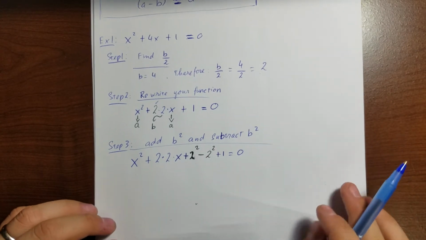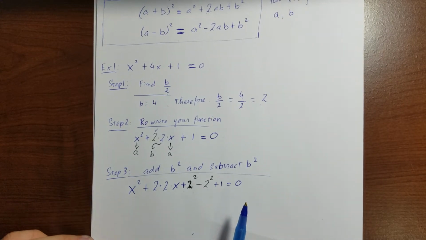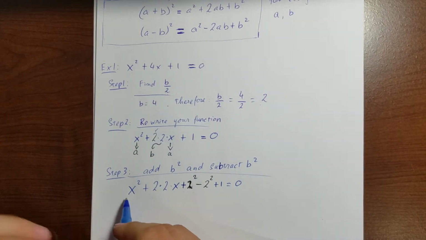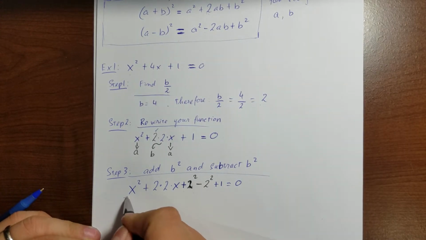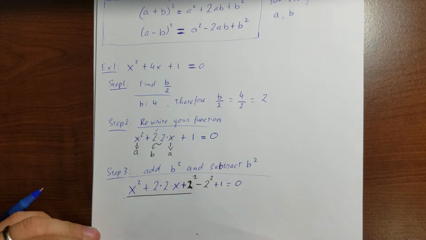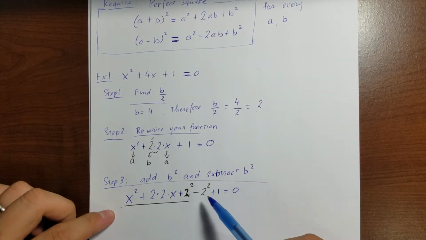So once you have this equation, I want you to look at the first 3 terms right here. Does it look kind of like the perfect square?